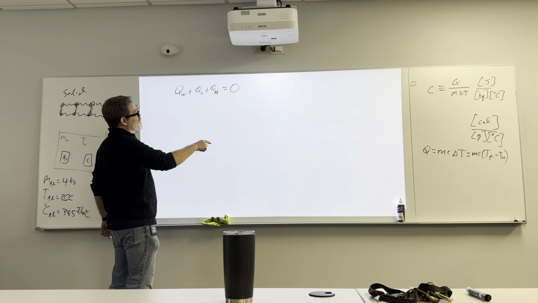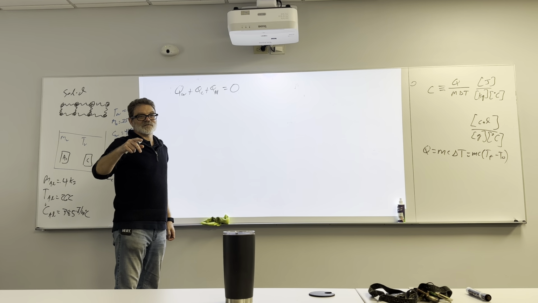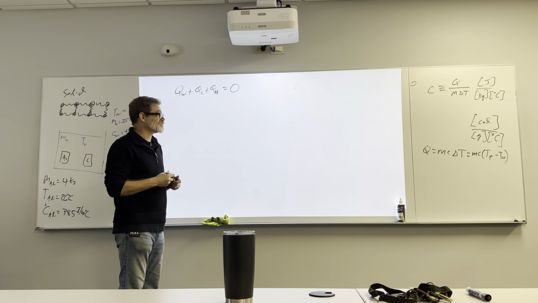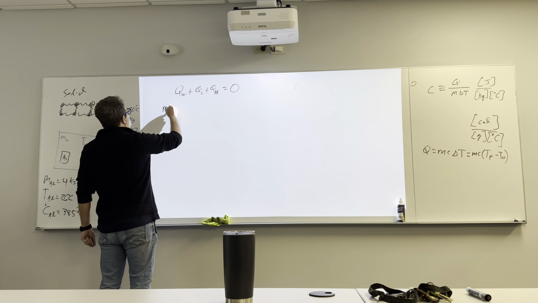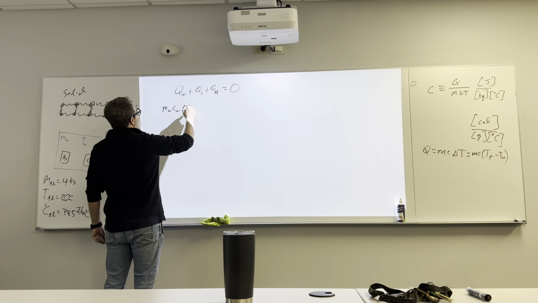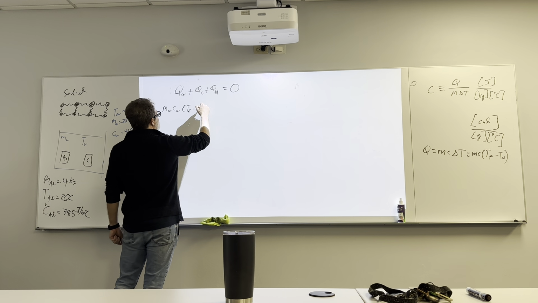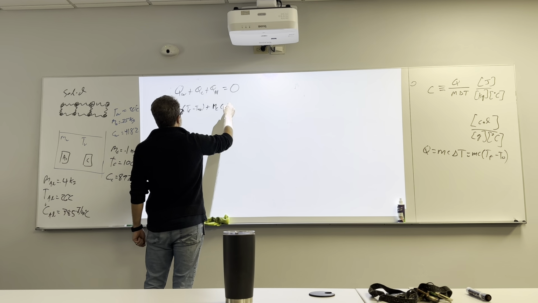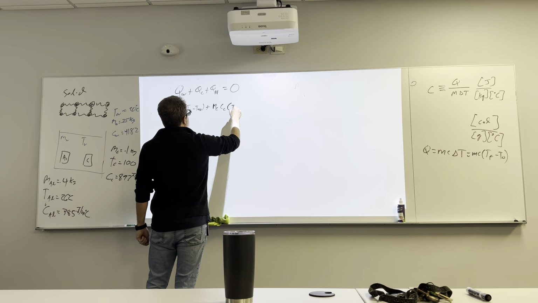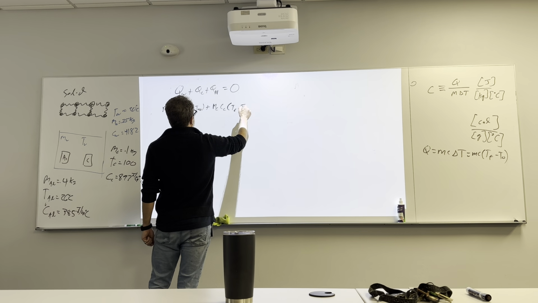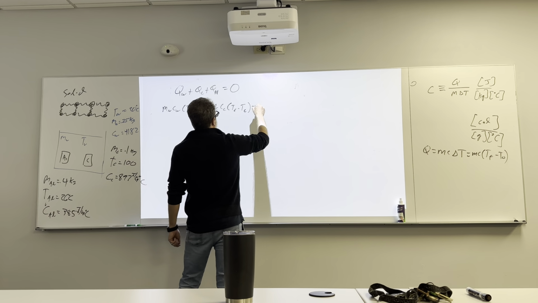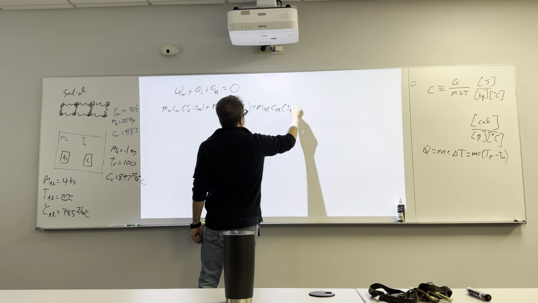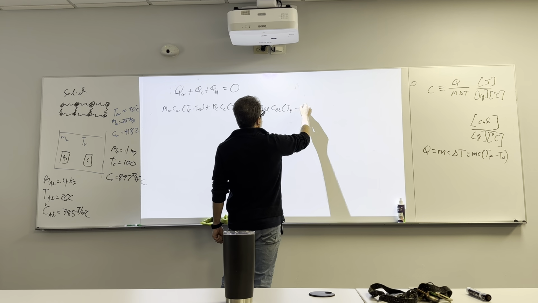So what do you guys get for an answer? I don't have my calculator. I'm using my phone. So this would be mass of water, specific heat of water, T final minus T water, plus mass of copper, specific heat of copper, T final minus T copper, plus mass aluminum, specific heat of aluminum, T final minus T aluminum. Now that I'm writing out the algebra, I think you're right.